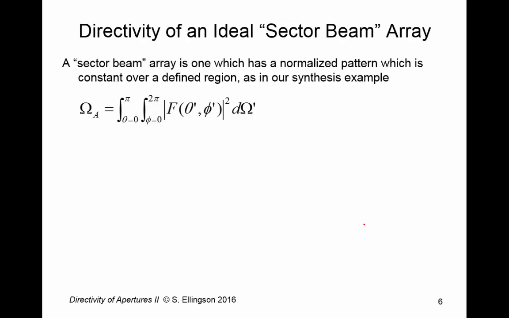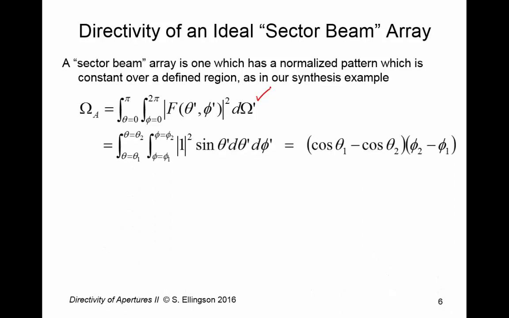So let's do it. Here is the calculation for beam solid angle. If I have a sector beam, that simply means that the normalized pattern is 1 inside a specified range and it's 0 everywhere else. So I can represent that just by limiting my integration to the specified range of theta and phi.